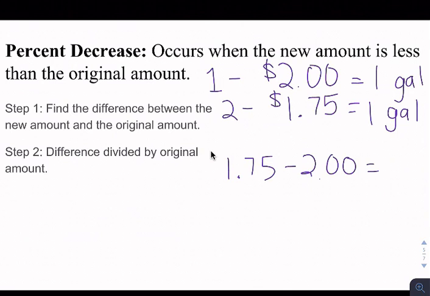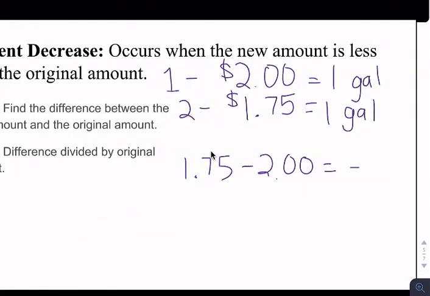And that gives us negative 25 hundredths. Okay, that negative is telling us that our price has gone down. If it's positive when we do new minus the original, we know it's going to increase by that amount. If it is negative, it is going down. It's decreasing by that amount.